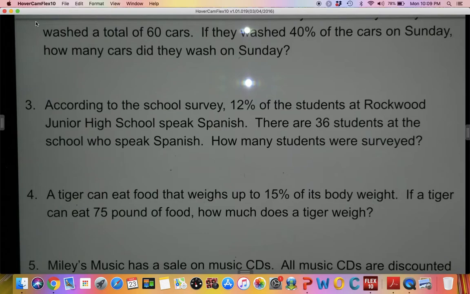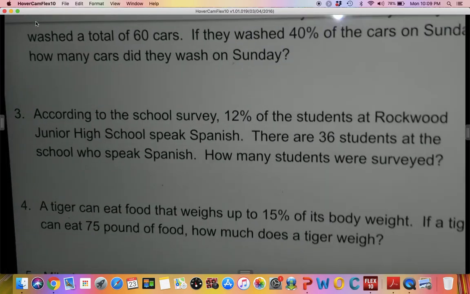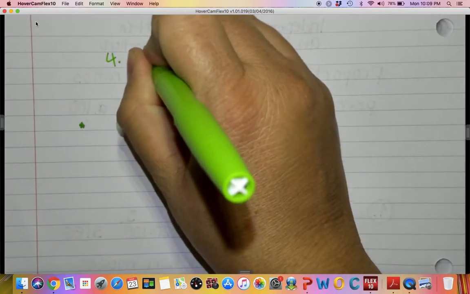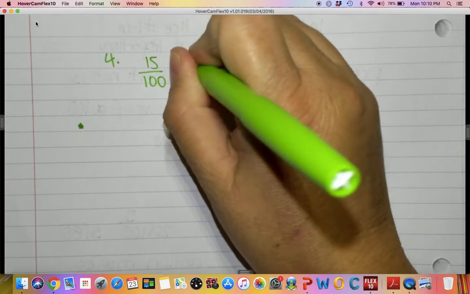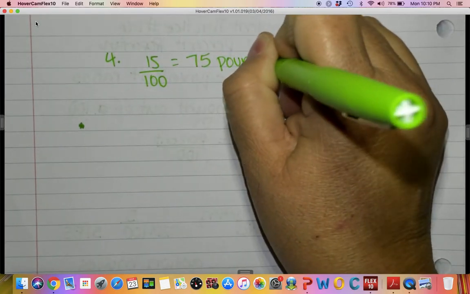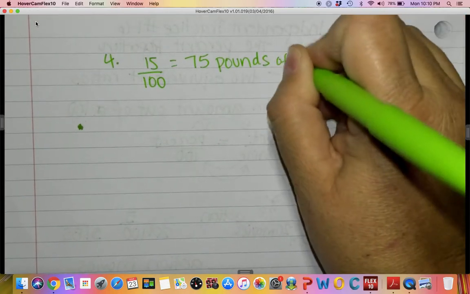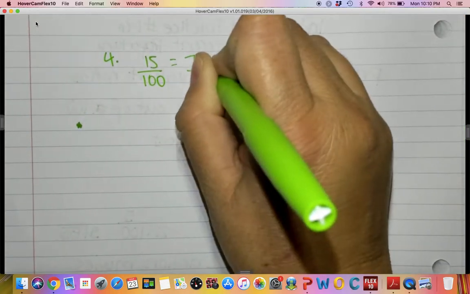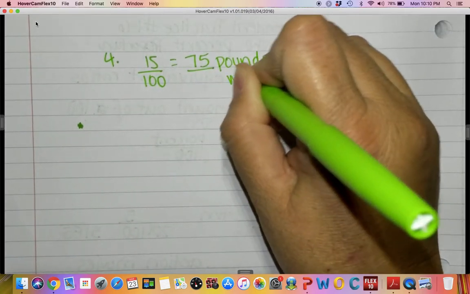In this problem, the amount that it weighs is the whole, because the whole is the 100% of its weight. So let's set up 15 over 100. That was our percent. And if it can eat 75 pounds of food, how much does it weigh?